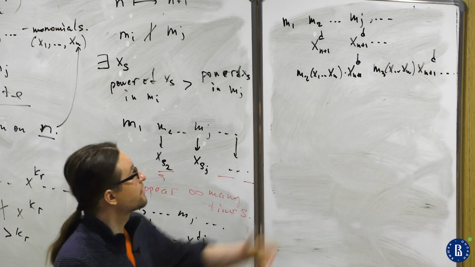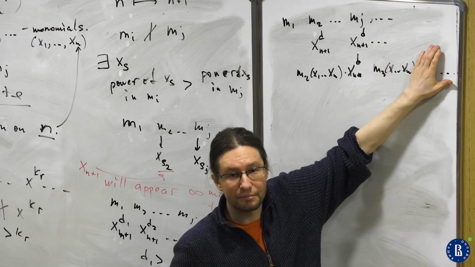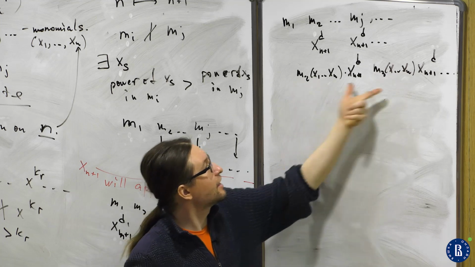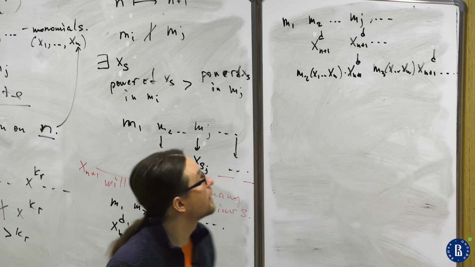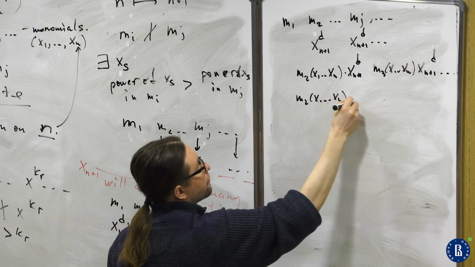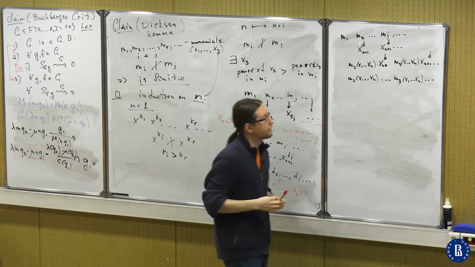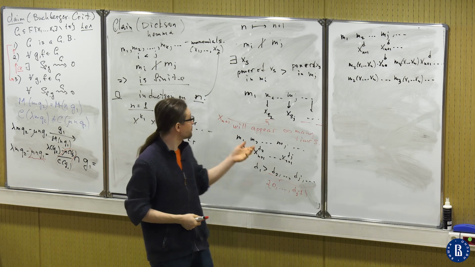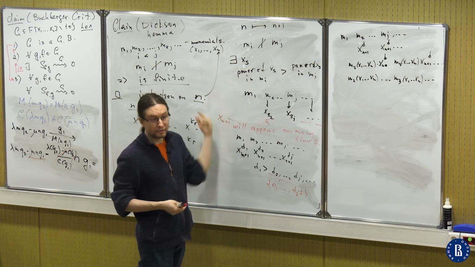So what does it mean that this thing doesn't divide this thing? Well, it simply means when we drop x_{n+1}, the remaining part doesn't divide this thing. Because if this guy divides this guy, then the whole monomial also divides the next one. So that's why we can pass to a sequence of monomials depending on the smaller amount of variables. And by the procedure, we started from an infinite sequence of monomials.